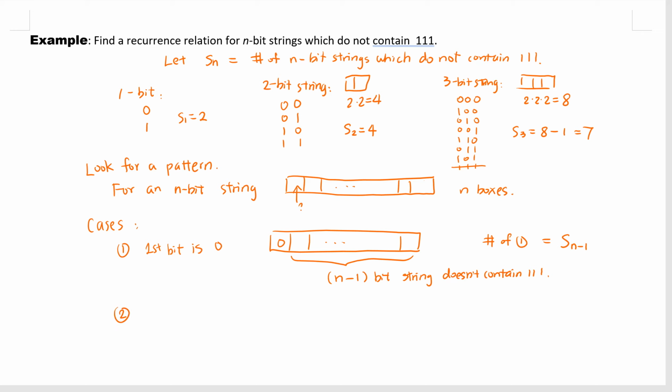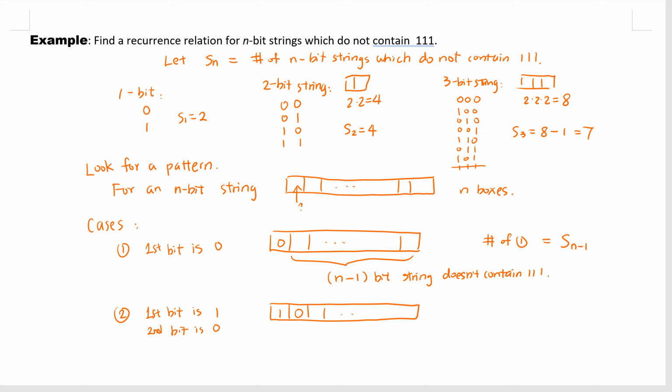Alright, next case. When the first bit is 1, then you look at the second bit. The second bit could be 0 or it could be 1, right? So if this is 0, let's say the second bit is 0.